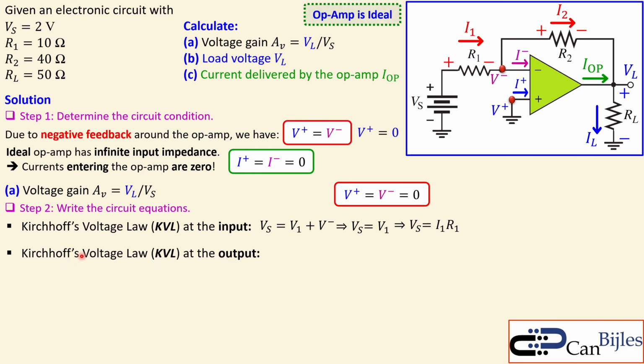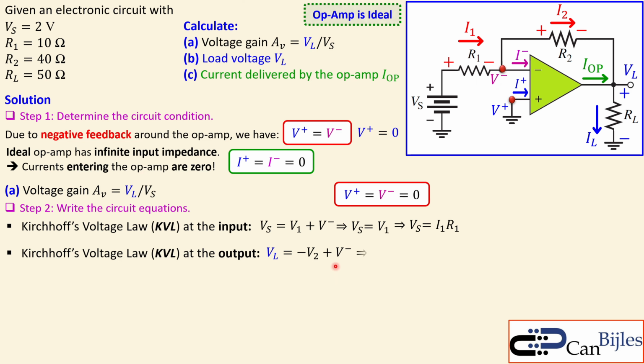Now, Kirchhoff's voltage law at the output nodes, making this loop, going counterclockwise, we have this. We can say this node voltage is equal to this voltage, of course reversed, because we look from minus to plus here, minus V2, plus this node voltage also, that is V minus.